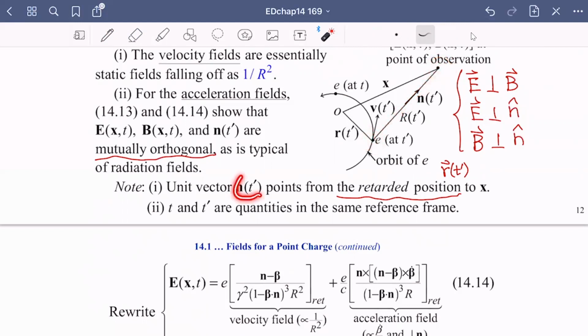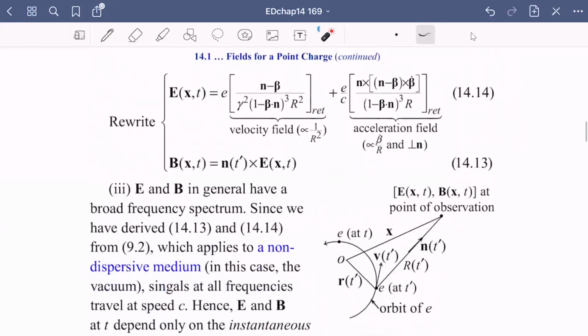But it's a unit vector, and t' are quantities in the same reference frame. Same reference frame. 一样的 inertial frame, 就是同一个坐标系统里面. OK, 所以很方便哈，跟11章讲的不太一样，不是同一个情况.